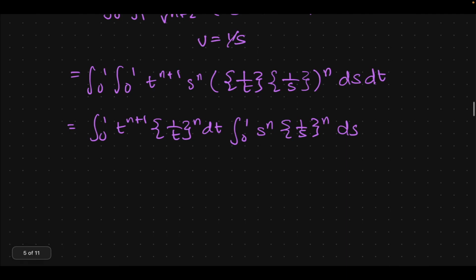Now, if you remember, we've actually solved these two integrals. These two were special cases of the formula we described. I even wrote the special cases down for n plus 1 comma n and n comma n. So let's just use the results that we have. It's just going to be a product of those things.